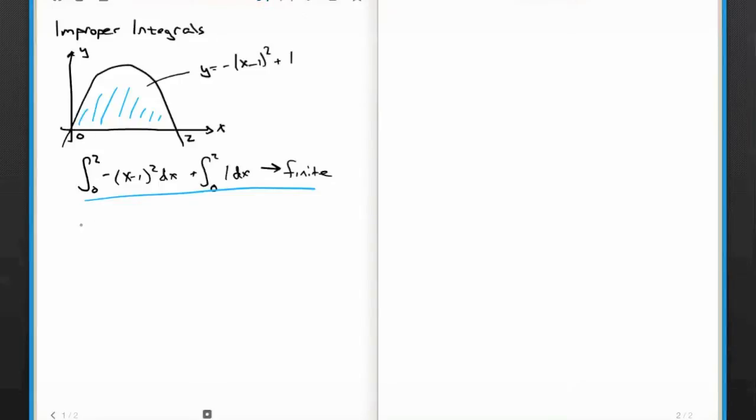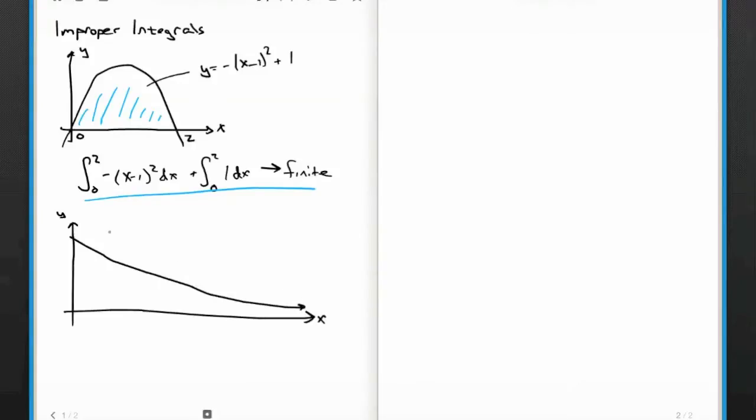Well, the point is to compare and contrast that. What if I did something like this, and I made this the y-axis and this the x-axis, and say I drew some function, and this is y equals e to the negative x. Okay, what does this look like?